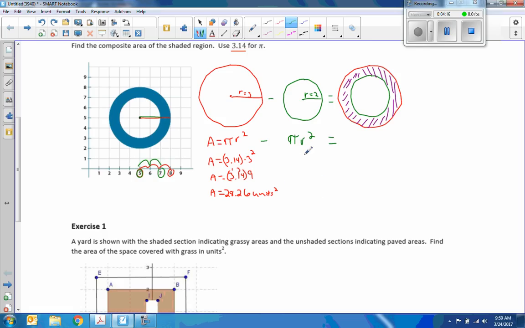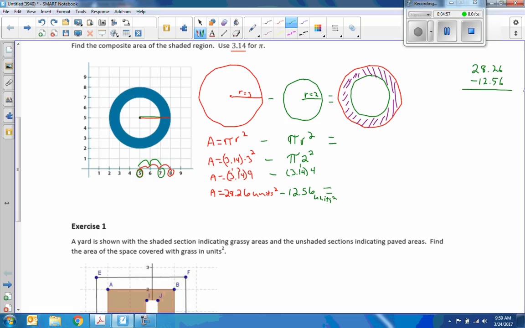We're going to subtract the area of the smaller circle, which is pi times 2 squared. Now I'm plugging in 3.14 times 2 squared, which is 4. 4 times 4 is 16, 4 times 1 is 4, plus 1 is 5, 4 times 3 is 12, so 12.56 units squared. So my answer is 28.26 minus 12.56.